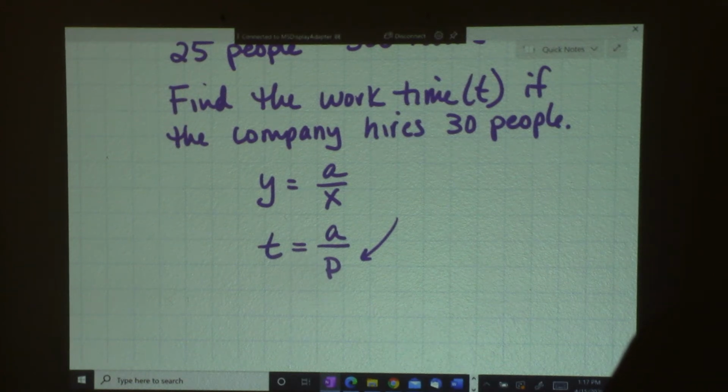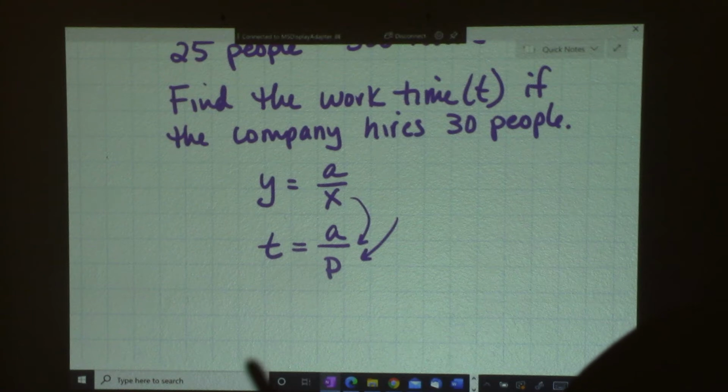That's why T is y and I use P for x, because that's independent. However many people I pick will directly change how much time it will take. So T changes based on how many people I choose. So T is dependent on the number of people.